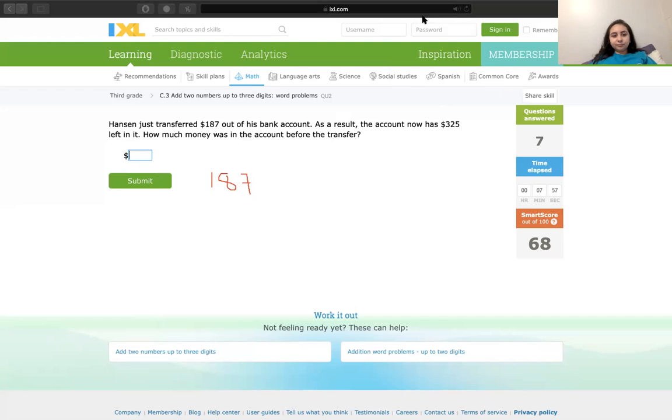This says you have a number already in your bank account, and then to that money you added 187, and after you added that money you were left with 325. So how much was in the account before you transferred? Before you added this, how much was in it?